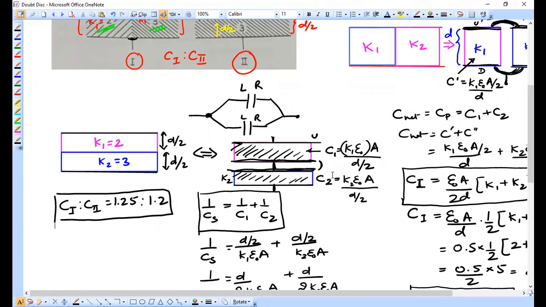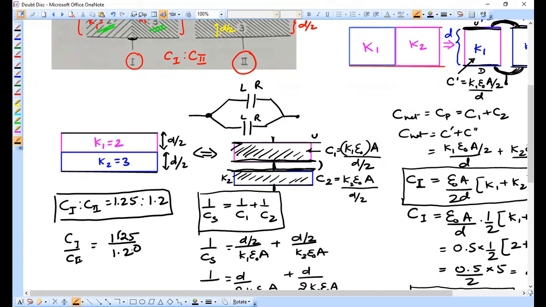And in fraction, if you want to write it down, C1 upon C2, if you want to simplify it, is 1.25 upon 1.2.